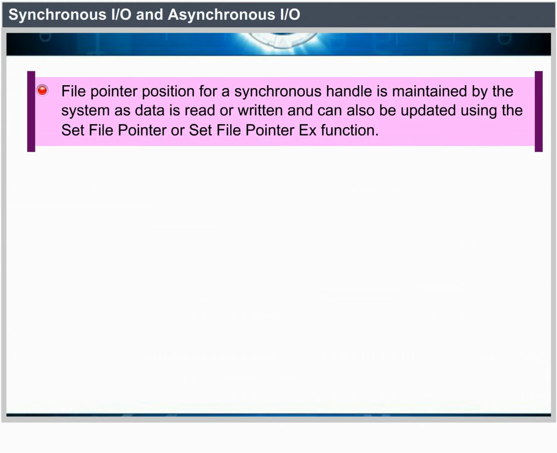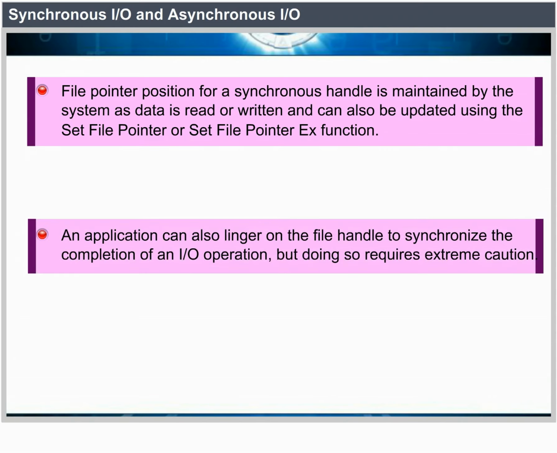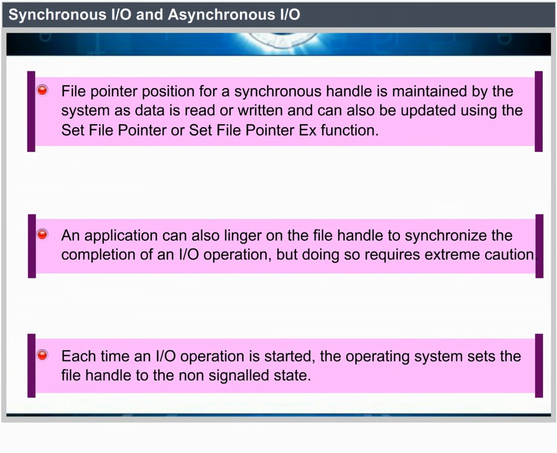An application can also wait on the file handle to synchronize the completion of an input-output operation, but doing so requires extreme caution. Each time an input-output operation is started, the operating system sets the file handle to the non-signaled state. Each time an input-output operation is completed, the operating system sets the file handle to the signaled state.